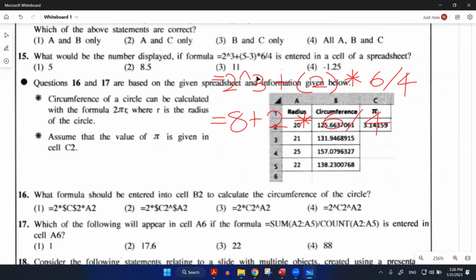Now the multiplication takes priority, because multiplication and division are on the same priority level, and since the multiplication is found from the left first, we give priority to the multiplication. So 8 plus 12 divided by 4. Then 12 divided by 4 happens, so it is 8 plus 3, which gives you 11. So the third one is the answer.